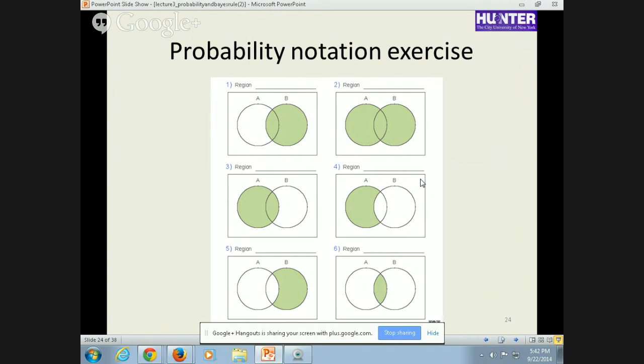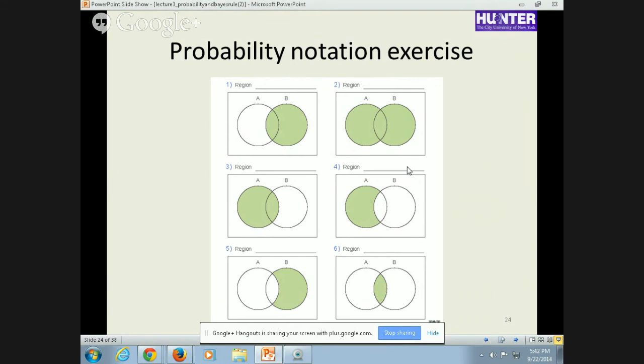But if it's a weighted coin, so that the probability of getting a heads is 0.6, then the probability of A complement is 0.4. With the roll of a die, the probability of getting a 1 is 1/6. The probability of getting not a 1, or 1 complement, is 5/6.